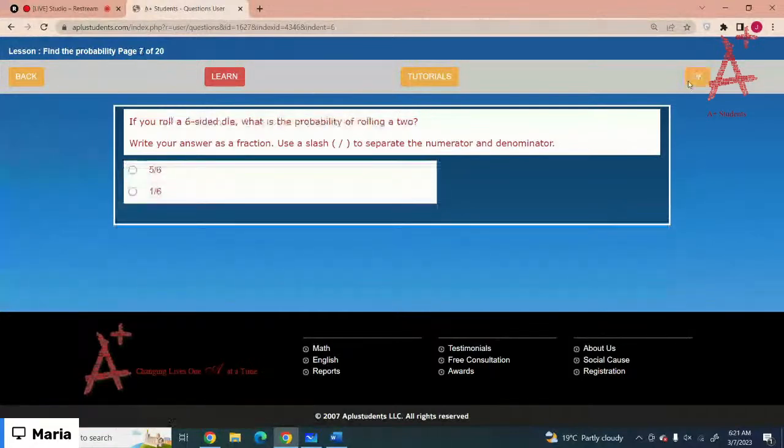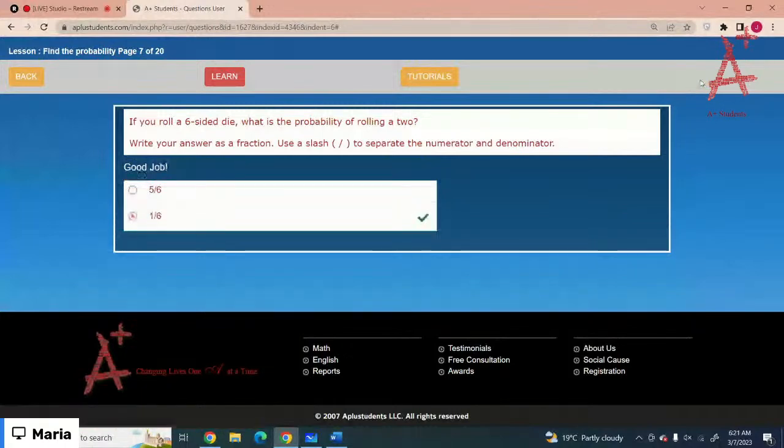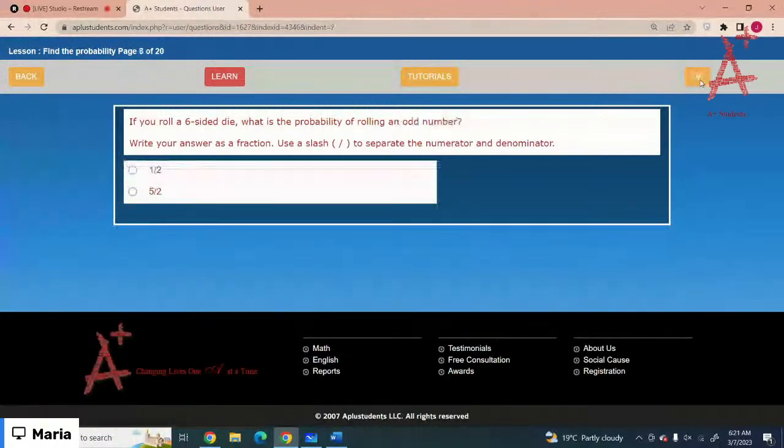Okay, if you roll a six-sided die, what is the probability of rolling a 2? Yes, it is 1 over 6. If you roll a six-sided die, what is the probability of rolling an odd number? Which is the correct option?